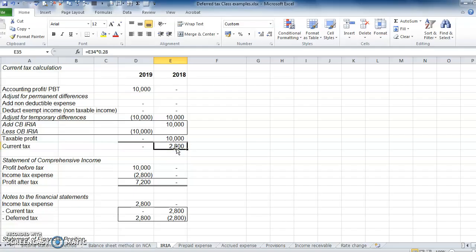For 2019, remember, we've earned the income received in advance, so we have an accounting profit of 10,000. We make our adjustments for temporary differences. There is no closing balance, but we do have an opening balance, and we deduct the opening balance. So our taxable profit is 0 and there is no current tax.